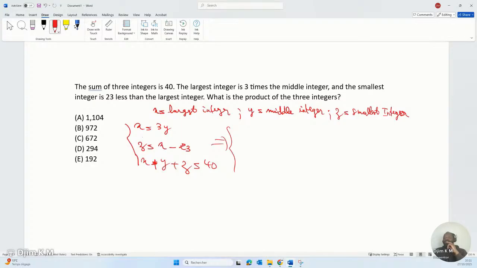We can find the value of y, for example. So we can replace x by 3y, because x is equal to 3y, plus y plus z. Z is equal to x minus 23, is equal to 40. We can still replace the value of x here.